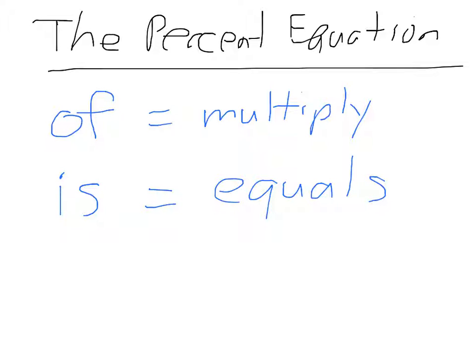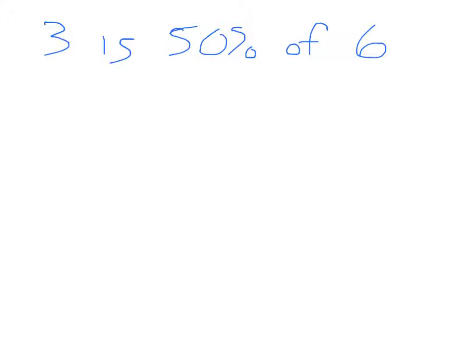Because all we're going to do for the percent equation is take what we wrote, or what this question is, and translate it into math. Watch. For example, 3 is 50% of 6.